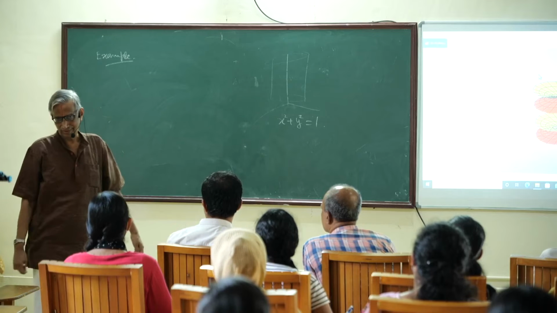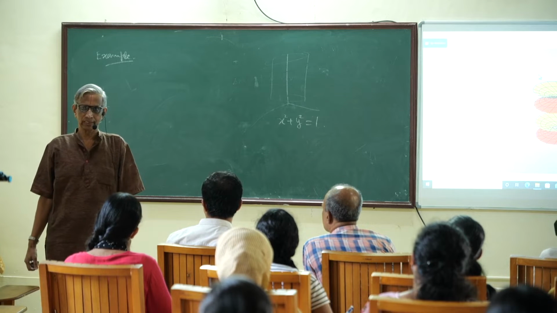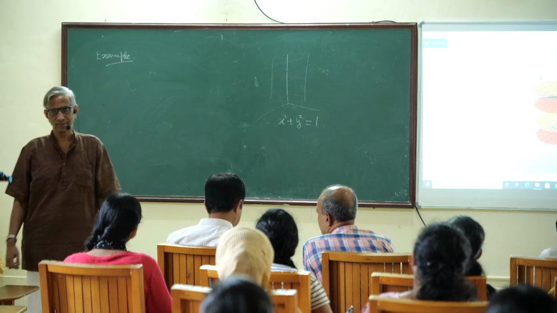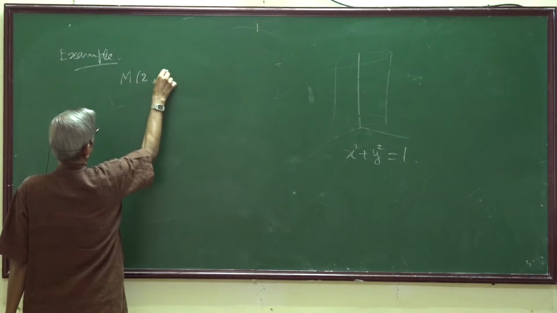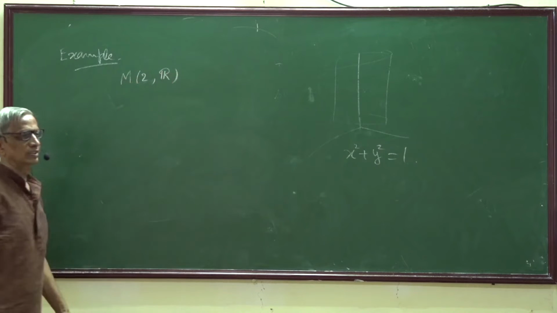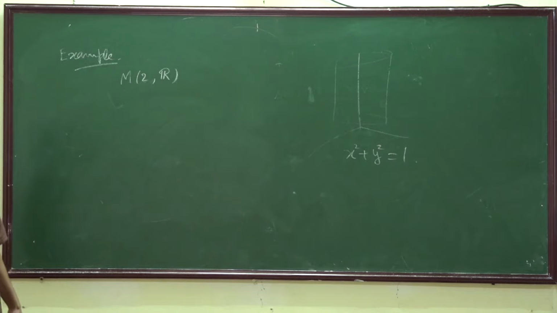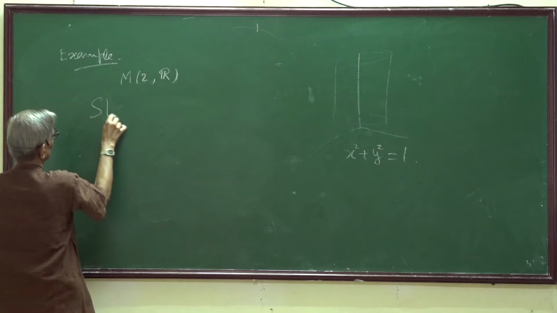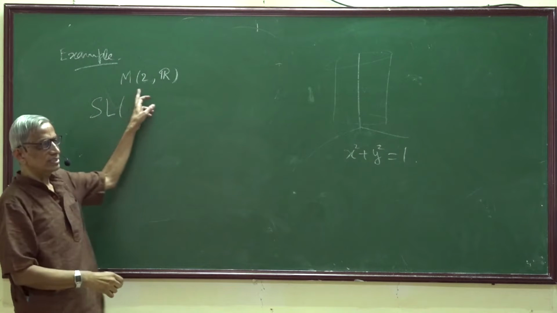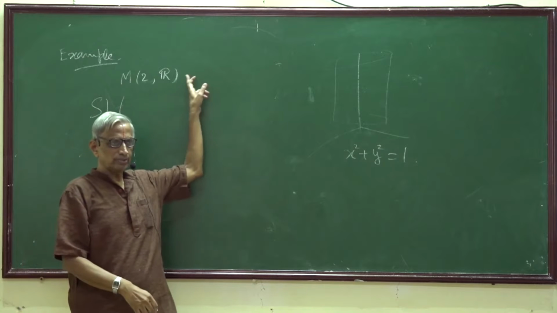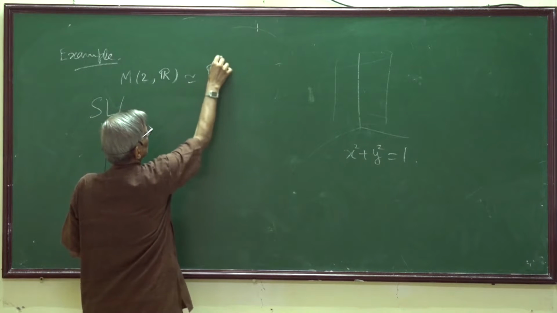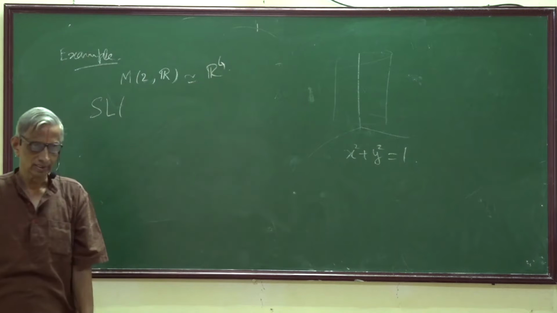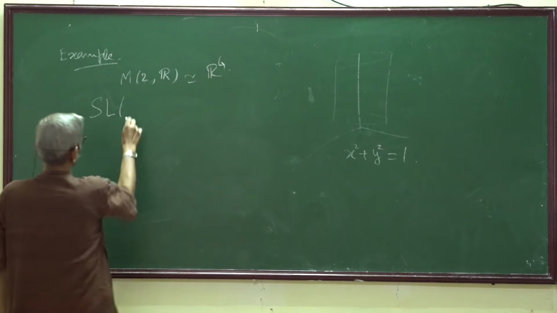Let us look at the lower dimensional case. Look at all 2 by 2 real matrices. So what is the dimension here? This is R4, right? So 4-dimensional.